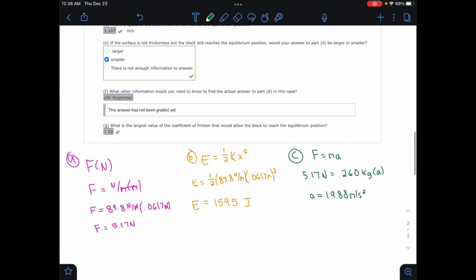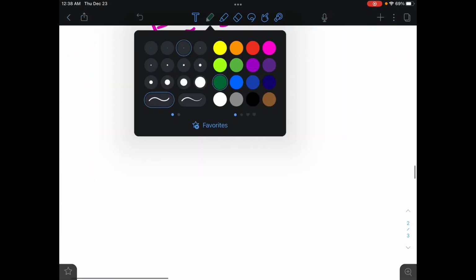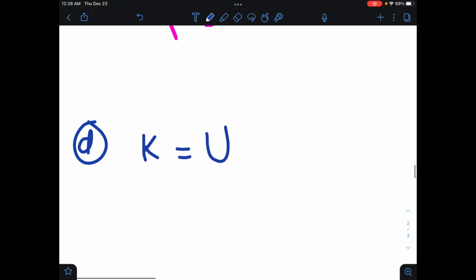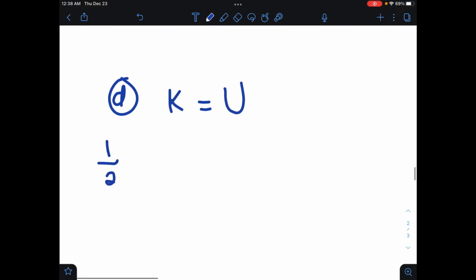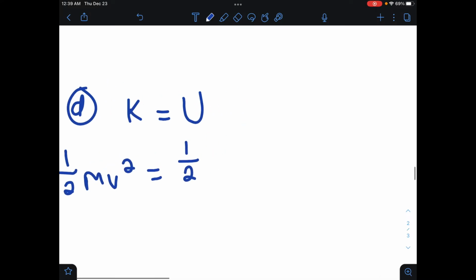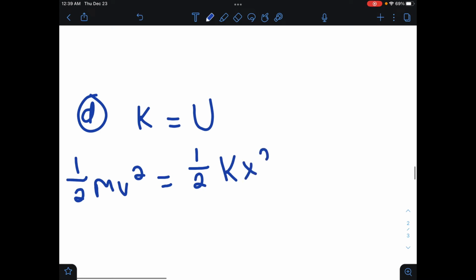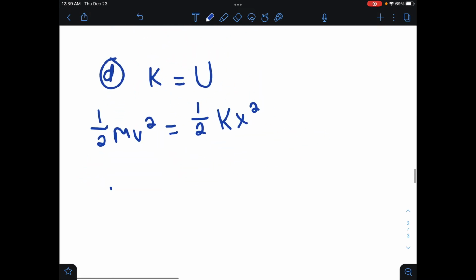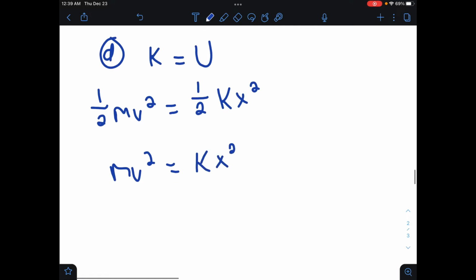So kinetic energy, 1/2 mass times velocity squared, is equal to our potential, 1/2 the spring constant times distance stretched squared. Our 1/2s cancel, so mv squared is equal to kx squared. So our velocity is equal to the square root of spring constant times distance stretched squared, all over mass.